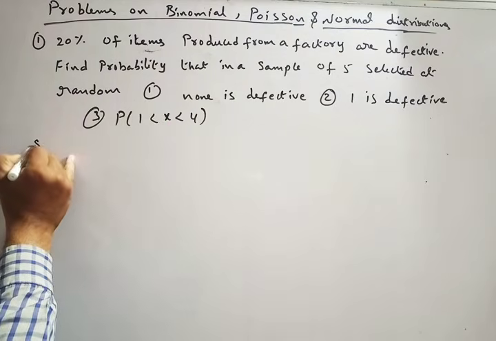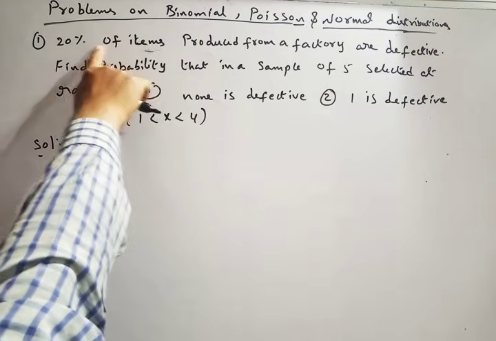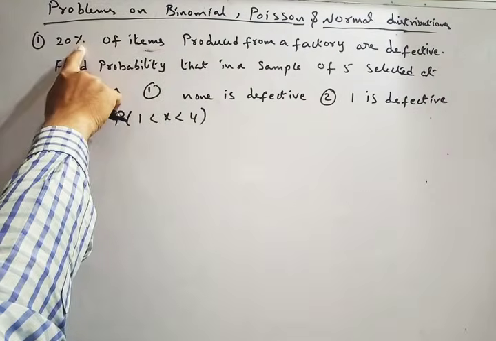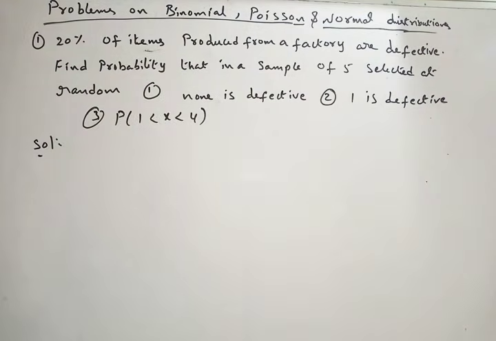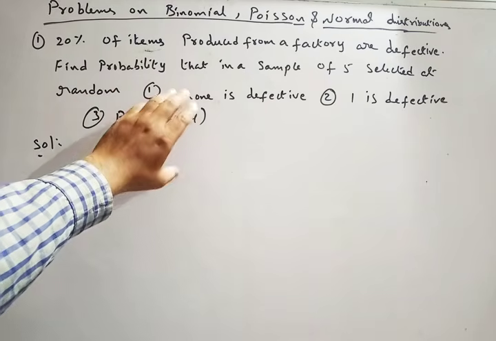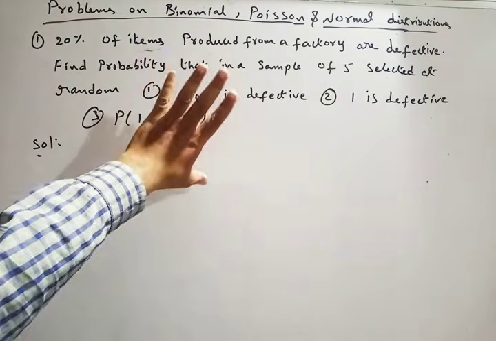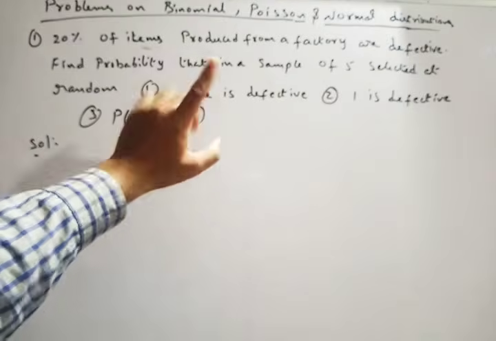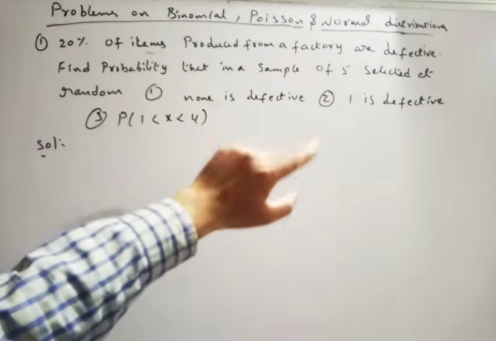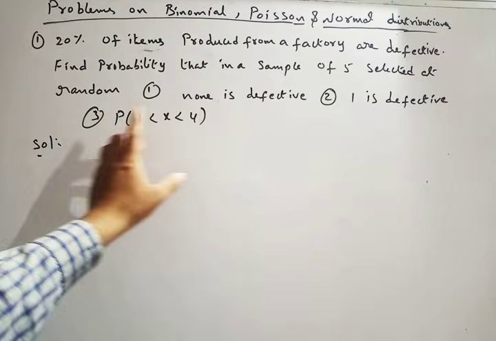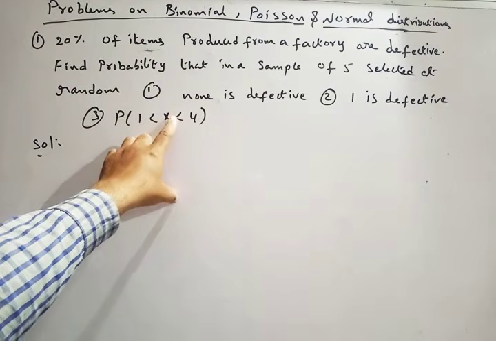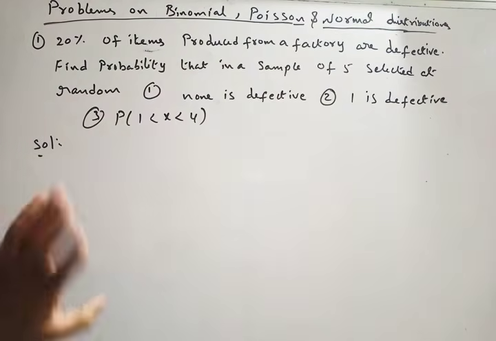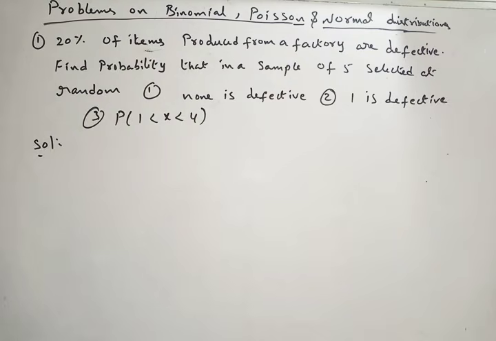In one factory, 20% of the total output is defective, correct? Then what is being asked: if we select 5 items, for none defective you need to calculate the probability, for 1 defective what is the probability, and for x between 1 and 4 what is the probability, correct?